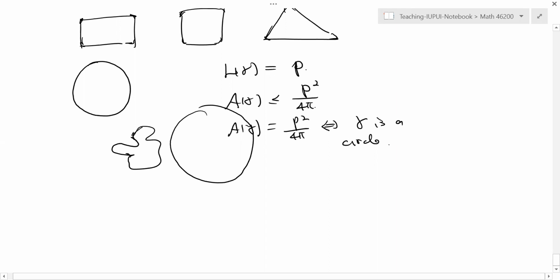Okay? You can always assume that the parameter is 2 pi, to make it simple, because by scaling, no problem. When p equals 2 pi, you want to prove that the area is going to be pi. Yeah, we may assume that p is 2 pi, and we want to prove that among all the closed curves, the area is going to be less than or equal to pi.